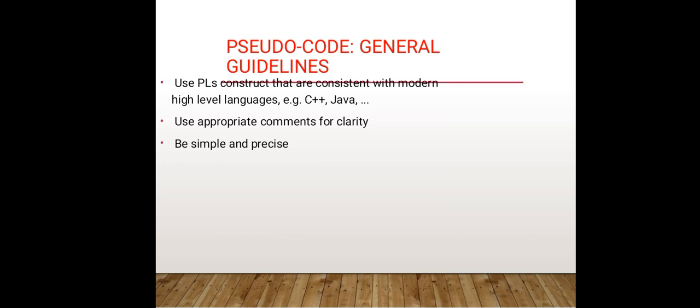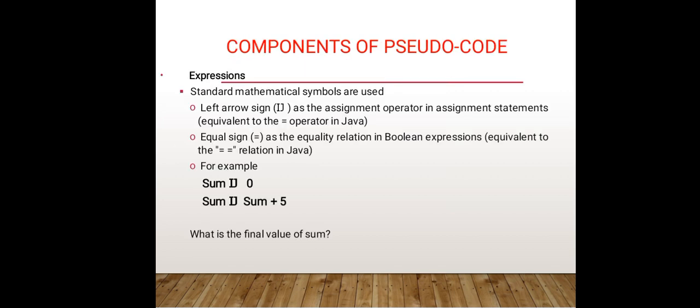For example, C++, as well as Java. These are other computer programming softwares that you can use when you are programming a software or coding a robot. Okay, then use appropriate comments for clarity and be simple and precise. Okay, now let's look at these expression components of pseudocodes.